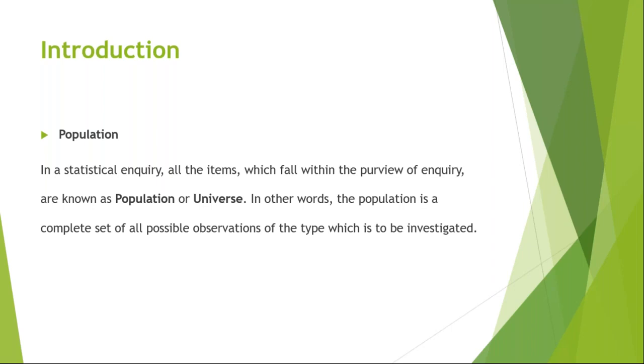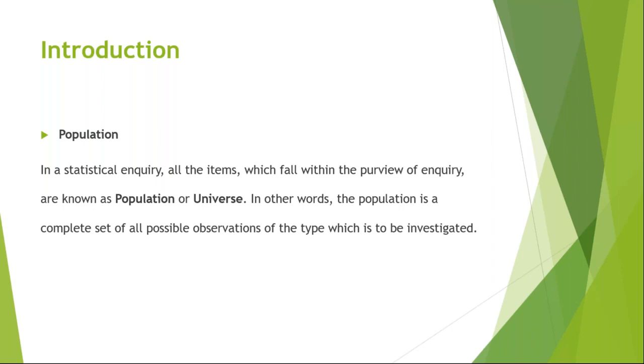Another example is your blood constituents. The entire blood constitution of your body is the population. Other examples are the total number of books in the library, and the total number of houses in the village or town. These are examples of population.